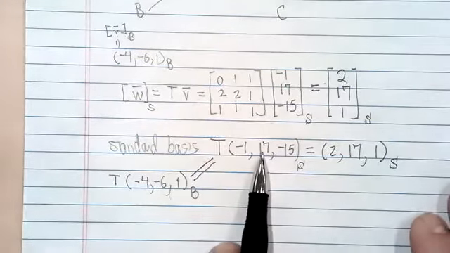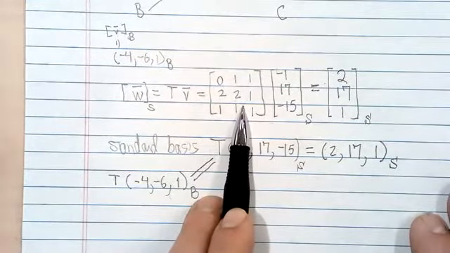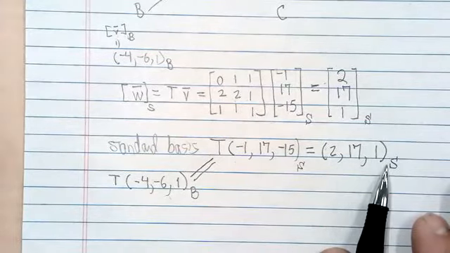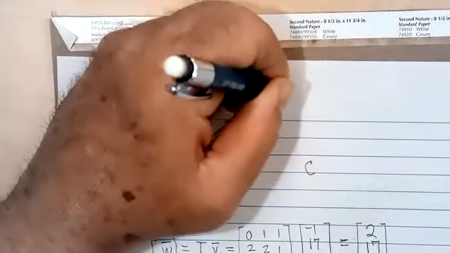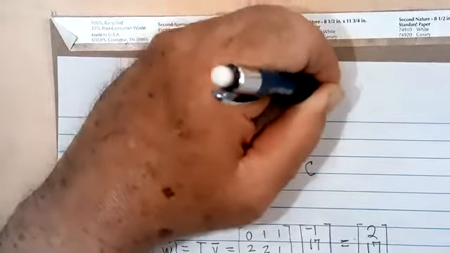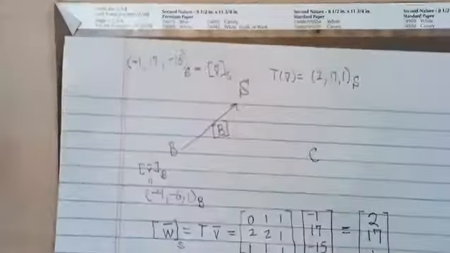This calculation I did by the matrix multiplication I had figured out in part A. So this gives me the answer relative to standard basis. So now I know this: T of V is equal to 2, 17, 1 relative to the standard basis.